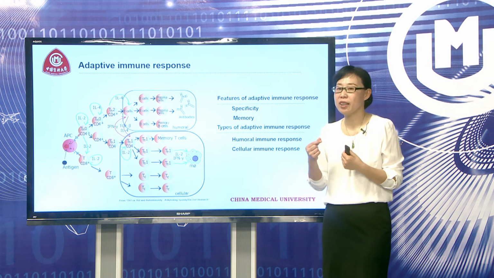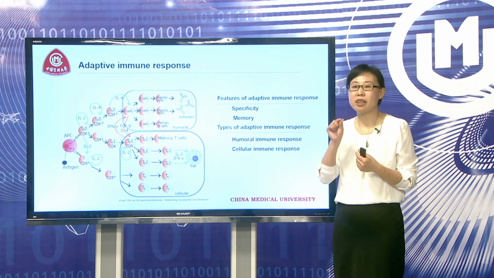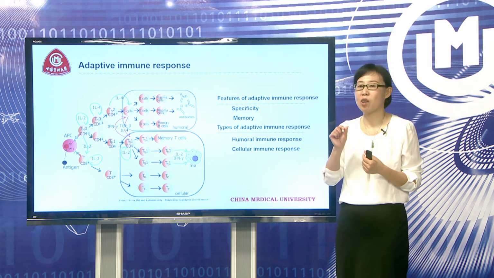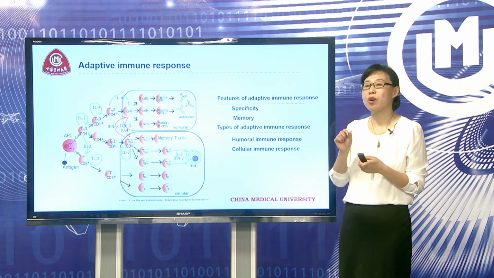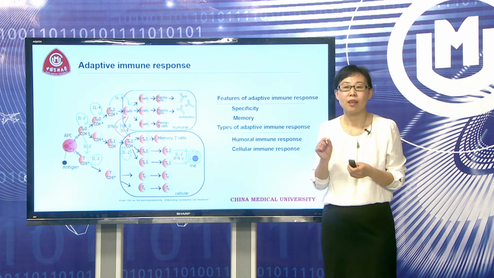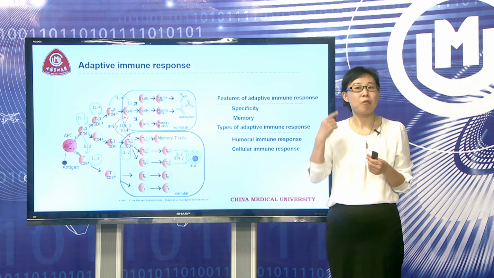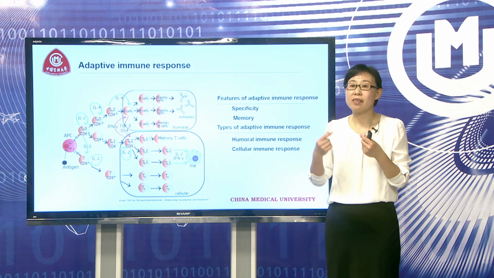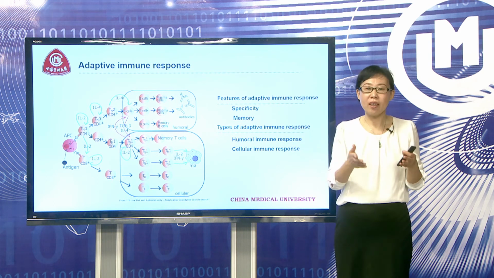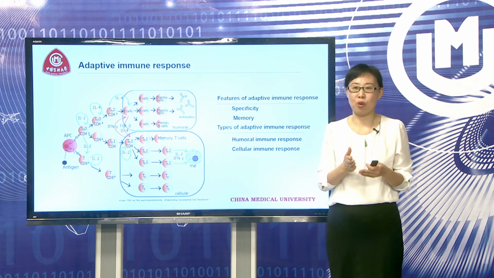To be noted here, a small portion of the T cells and B cells will grow into memory cells. Memory cells exist in our body. They have memory. That means they can remember what kind of antigen they have met before.